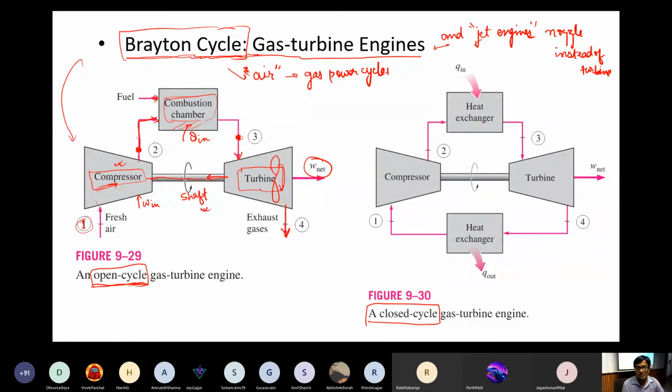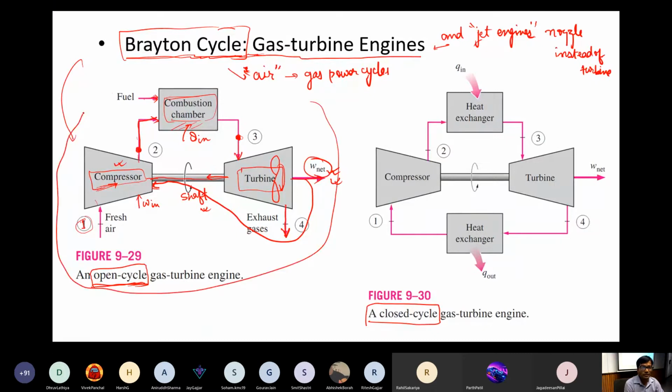In consequence you will get some amount of work that is shown over here, and as I have already told, some amount of this W net is supplied to rotate the shaft and compressor. So that is the typical cycle you could think of, which is also called the Brayton cycle.